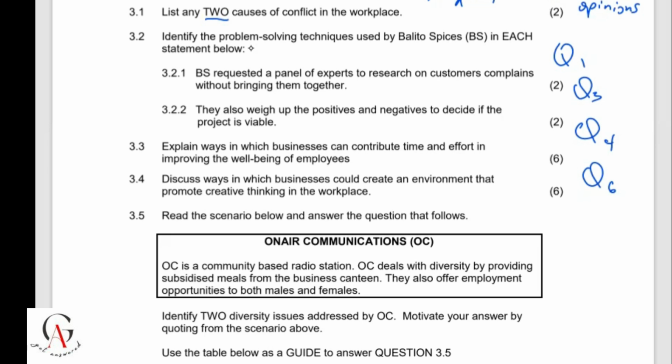Okay, right. So now let's check 3.2.1. So now 3.2.1 reads as follows. BC requested a panel of experts to research on customers' complaints without bringing them together. So now if you still remember, this is the problem solving technique where experts are actually being invited.